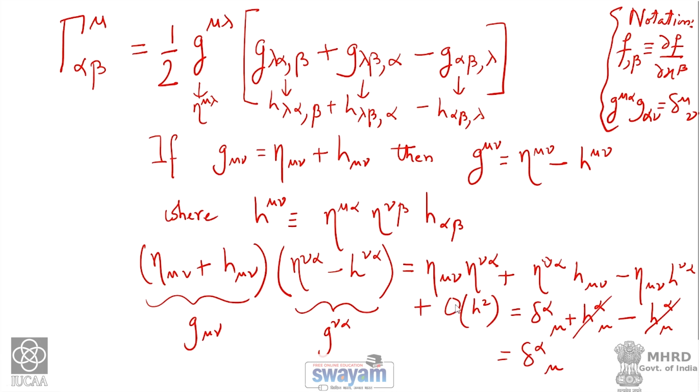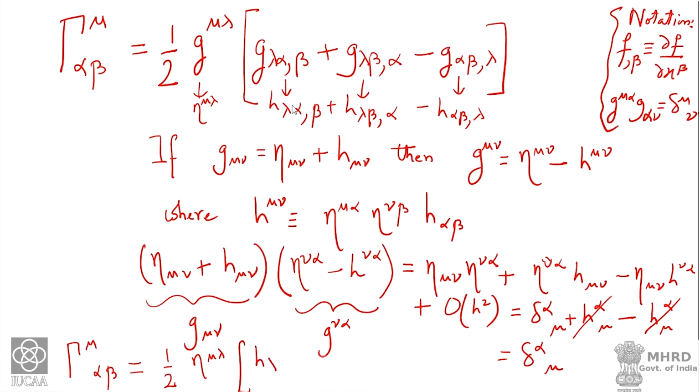So, in other words, what we have obtained is that gamma mu alpha beta, if I only take the linear orders in h, is half eta mu lambda multiplied by h lambda alpha comma beta plus h lambda beta comma alpha minus h alpha beta comma lambda.